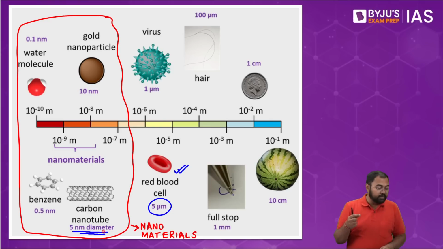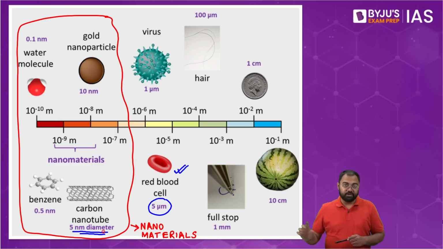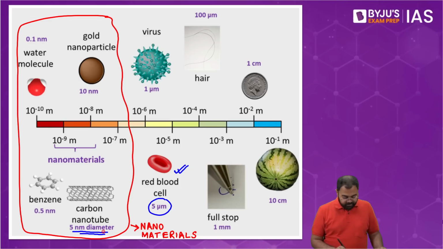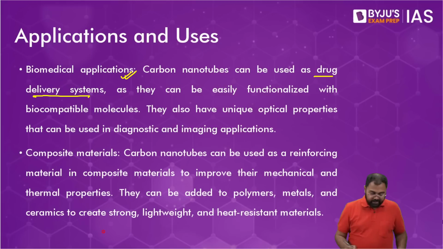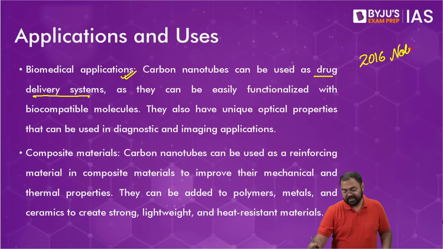Because if you want some medicine to reach a certain part of the body, then we can make use of carbon nanotubes to deliver that drug to the required part of the body. So in this manner, we can actually make use of carbon nanotubes. And this is not even something which is in the future. It's not something which is in the future. 2016 Nobel Prize. We'll keep talking about the Nobel Prizes, don't worry.